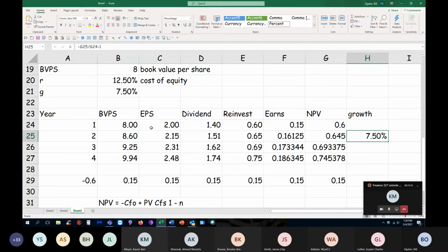All right. So I'll slow down so you can catch up. But the point being is that this last column, this NPV, is growing at 7.5%. Okay, if I copy this down for the next few years, it continues to grow at 7.5%.